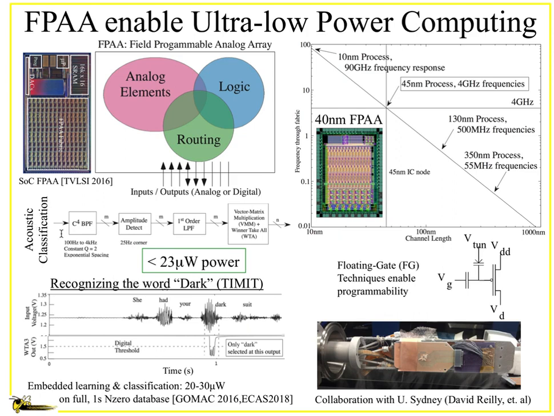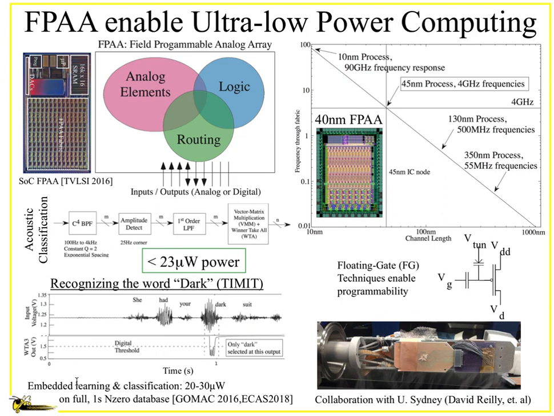For example, you could imagine an acoustic classification starting off with a microphone, going all the way to command word recognition, say looking for a word like the word dark in a typical TIMIT database, and all of a sudden you realize, oh yeah, I can actually pick off this one word at something like 23 microwatts of power, almost zero latency out of the structure. Basically microseconds of latency, and very, very robust.